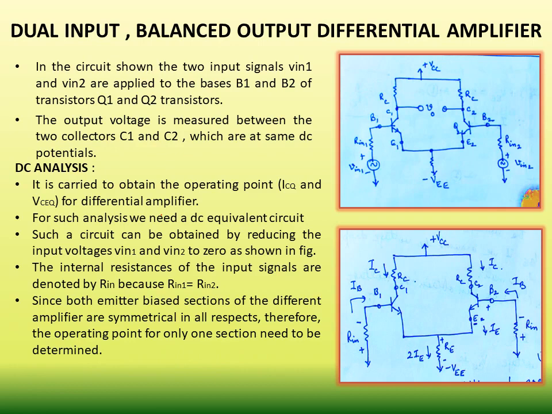Since both emitter bias sections of the difference amplifier are symmetrical in all respects, the operating point for only one section needs to be determined. If we calculate the operating point for one section, it can equally be used for the second section. The same values of ICQ and VCEQ can be used for the second transistor Q2.